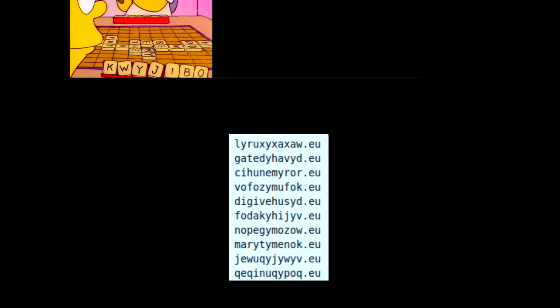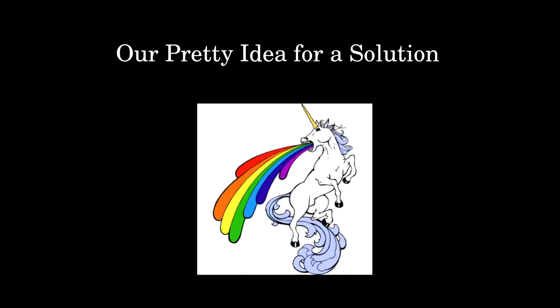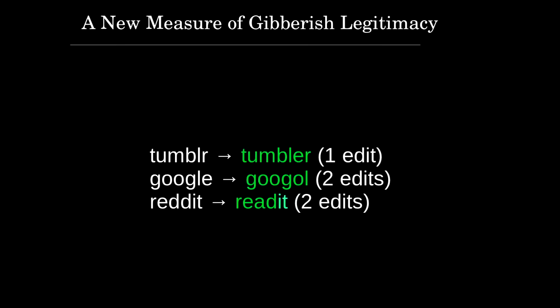okay, let's improvise. Because of all of those problems, we came up with our pretty idea for a solution, a pretty nice theoretical idea that involves looking at the input and deciding how close it is to a concatenation of words from the dictionary. So now Tumblr, that was complete nonsense before, can, with just one edit, turn into Tumblr, which is actually a word from the dictionary.